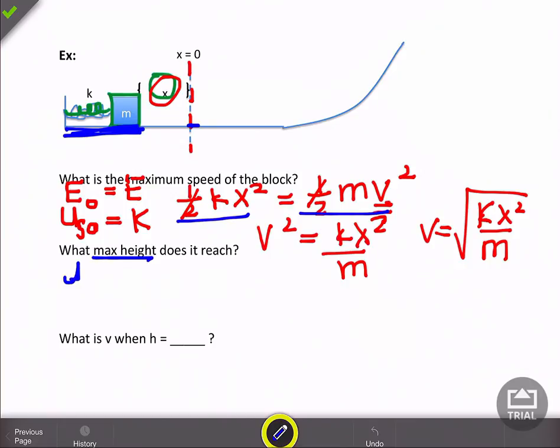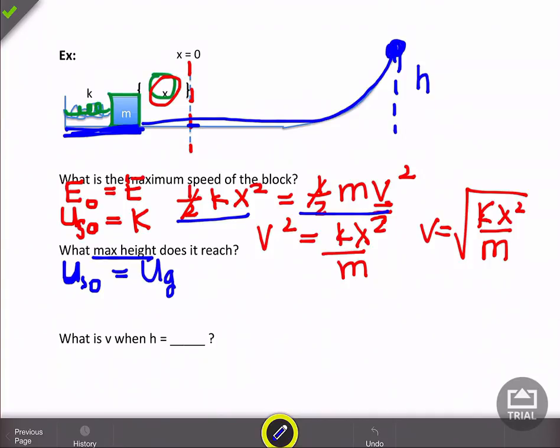So again, we start with spring potential energy. But this time, as this object goes up this hill, at some point up here it's going to run out of speed at its max height, h. And at that point, it's going to have all gravitational potential energy. So that is my conservation of energy equation for this problem.